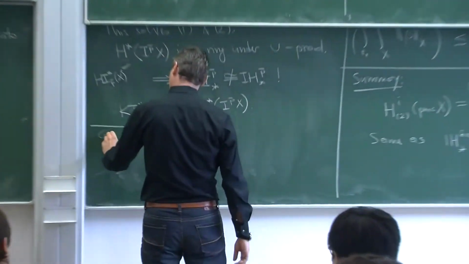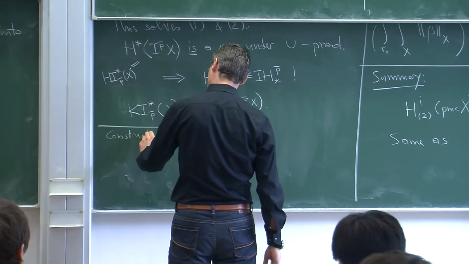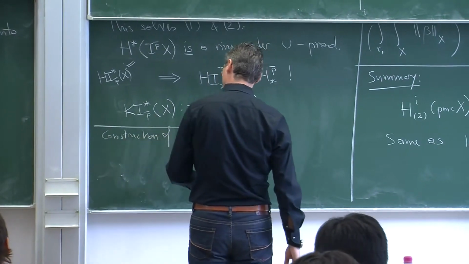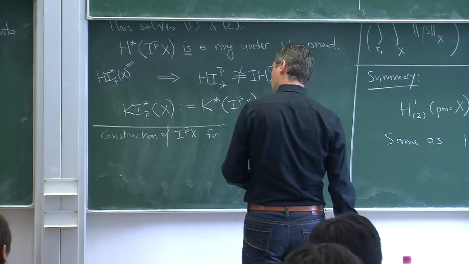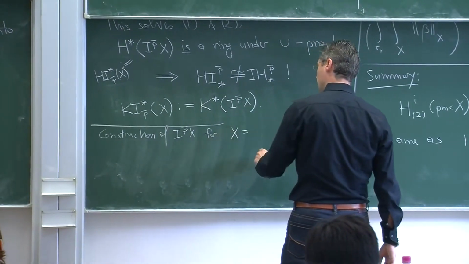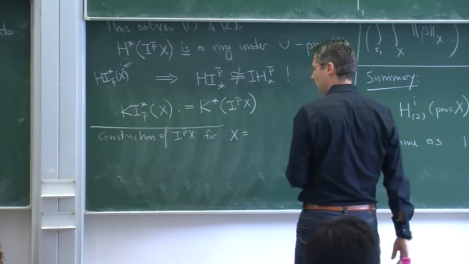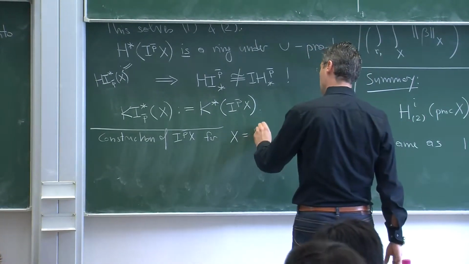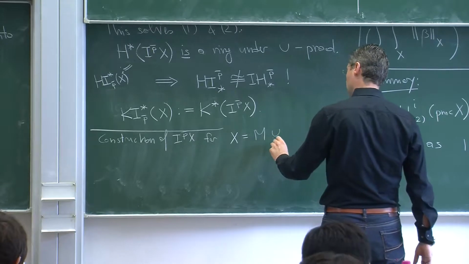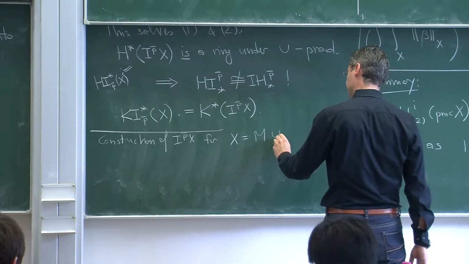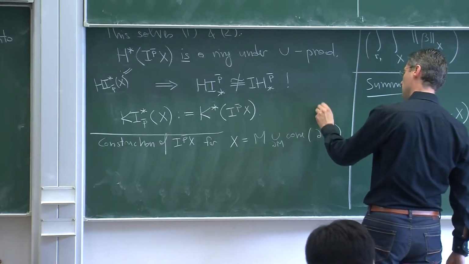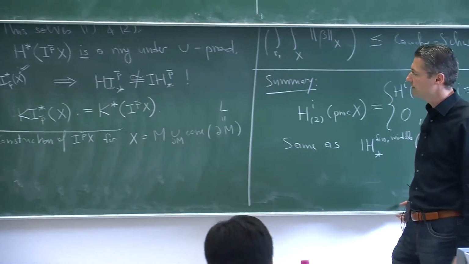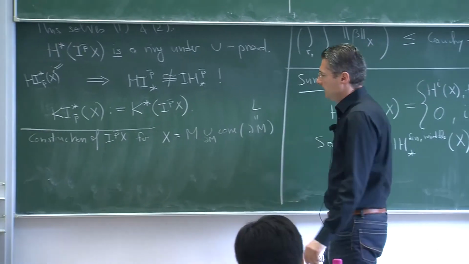So the construction of these spaces for X, a space with one isolated singularity, that is to say, it is of that form topologically. So boundary M here is then the link of the singular point. So what do you do?